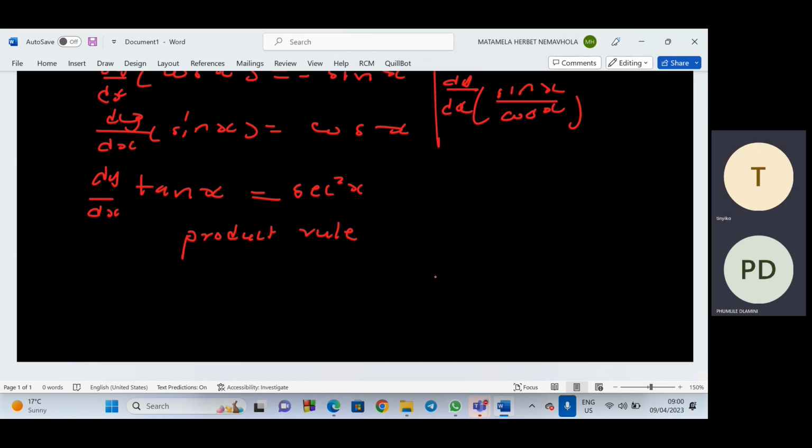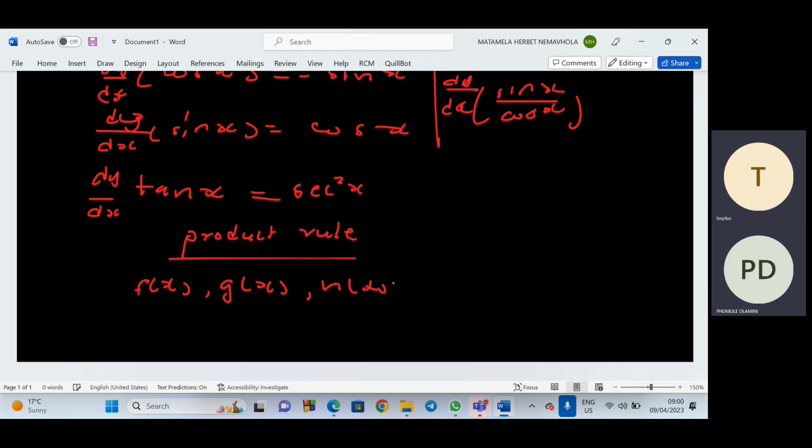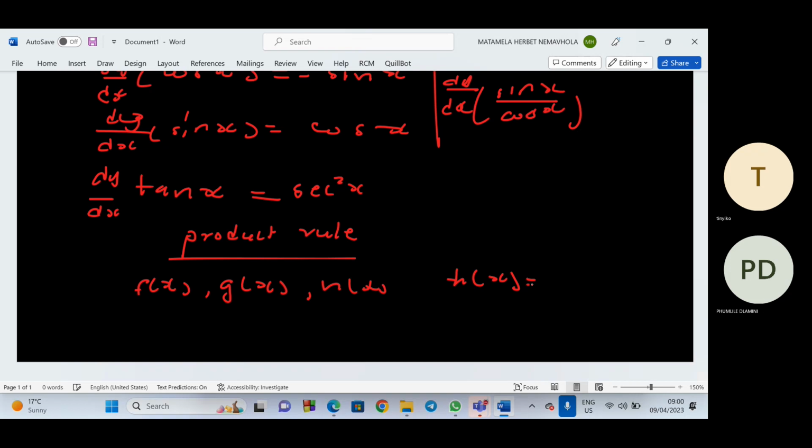So the product rule states that if I have a function f of x, and I also have a function g of x, and I have a function h of x, where h of x equals f of x multiplied by g of x.